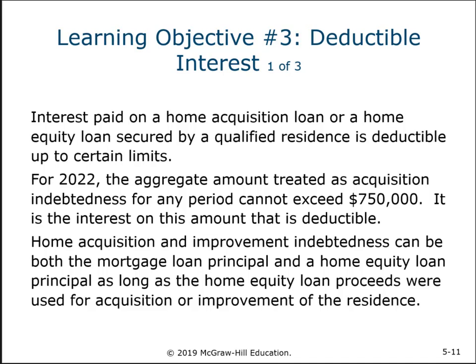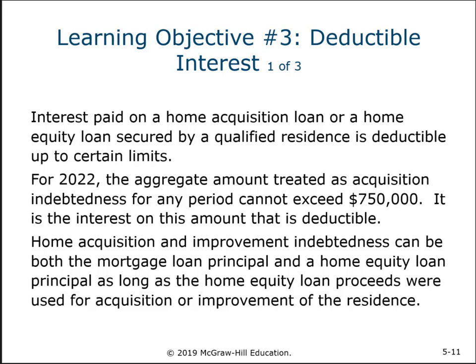But for the amount that you borrow, now this isn't the amount of interest, this is the amount you borrow to acquire a house, can't be more than $750,000. Meaning, if you got a $1 million house and borrowed $1 million, then part of the interest is deductible up to $750,000, but the part that's on the $250,000 above that is not.